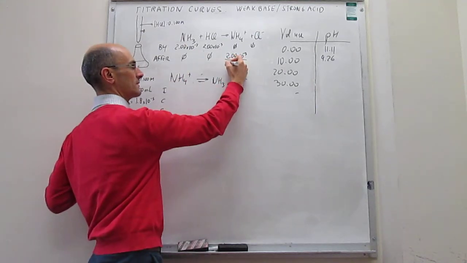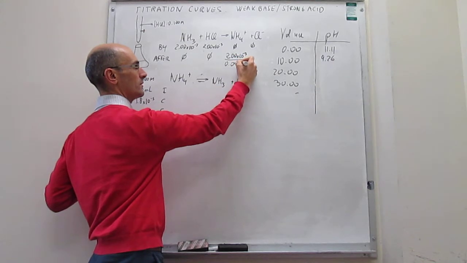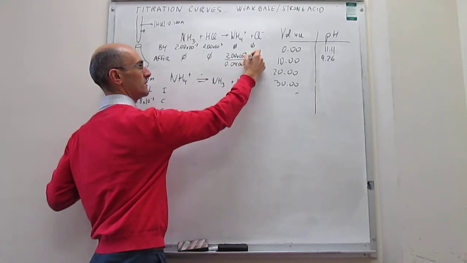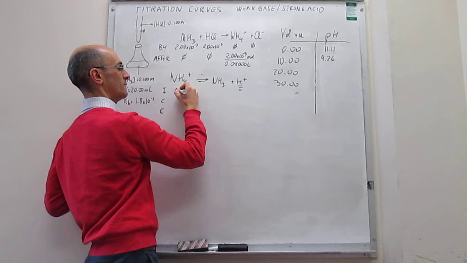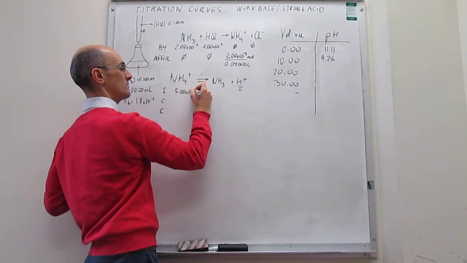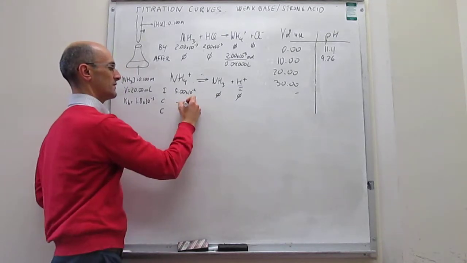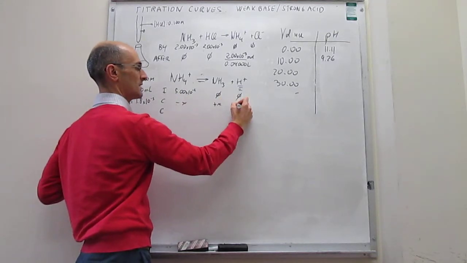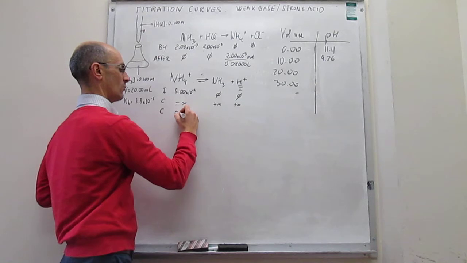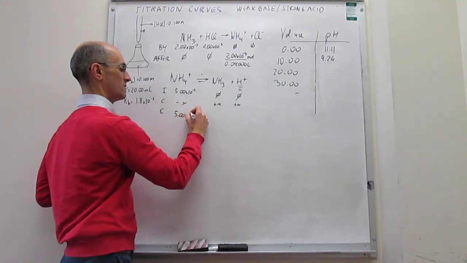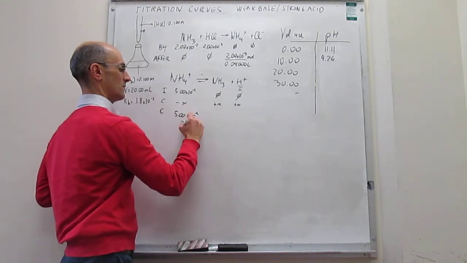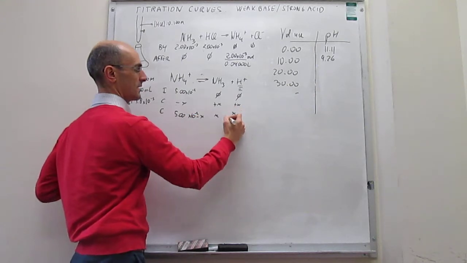That would be 40 mL. So that would be your concentration, which happens to be 5.00×10^-2. Initially you have no base and no protons. The change will be minus x, plus x, plus x, and then at equilibrium you will have 5.00×10^-2 minus x, x and x.